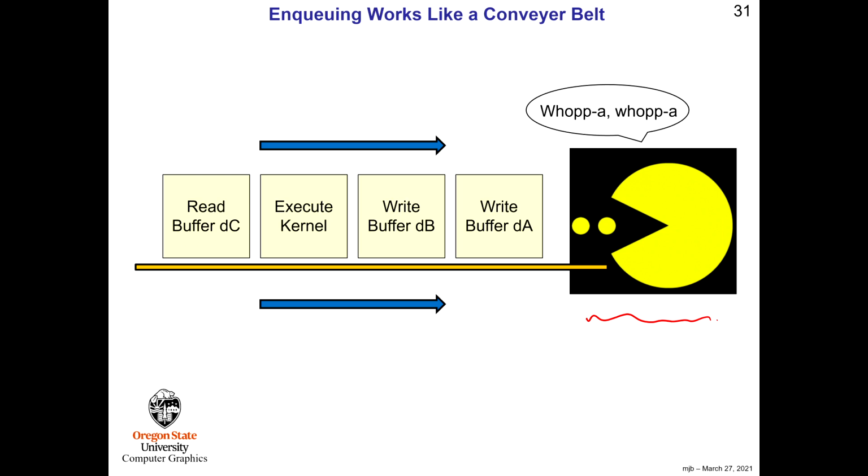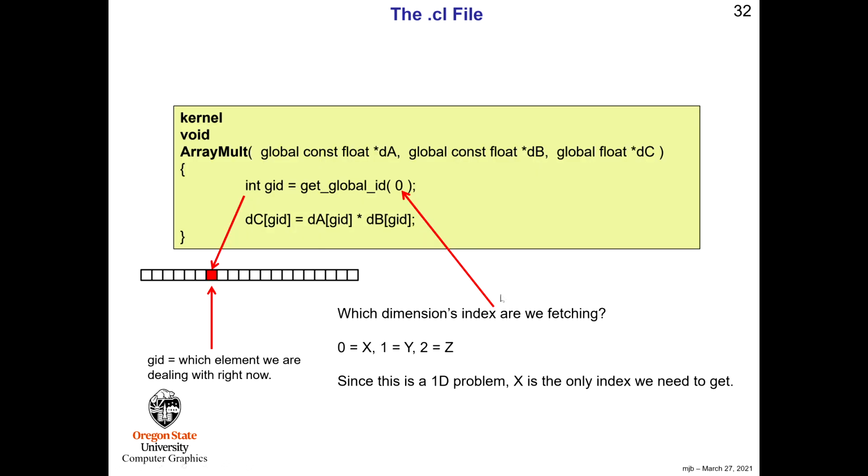You can put things on the belt at your speed. It can gobble things off the belt at its speed. You don't have to wait on it. It doesn't have to wait on you. So that's why it uses the word enqueue. Anytime you see the word enqueue, you're putting it on the conveyor belt. And that's why we needed to create that command buffer. That essentially is the conveyor belt.